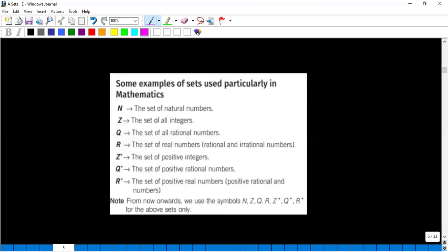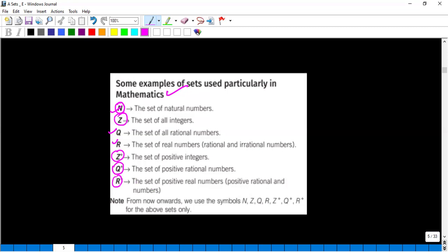Let us see some examples of sets particularly used in mathematics. The set of natural numbers we will denote with capital N. The set of integers we will mostly denote with Z. Rationals with Q, reals with R, all positive integers with Z plus, all positive rational numbers with Q plus, all positive real numbers with R plus.